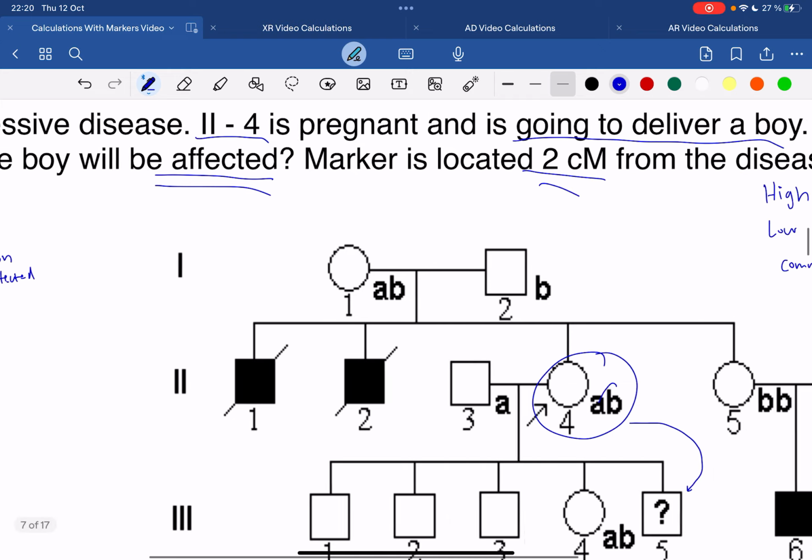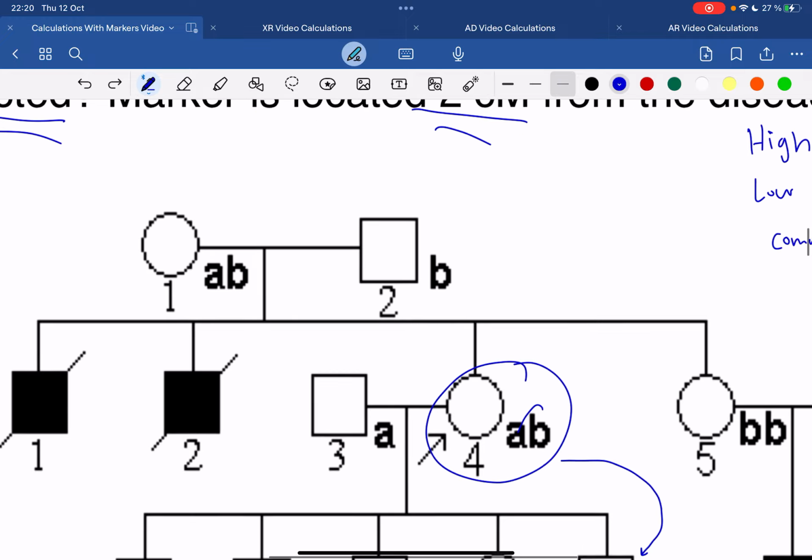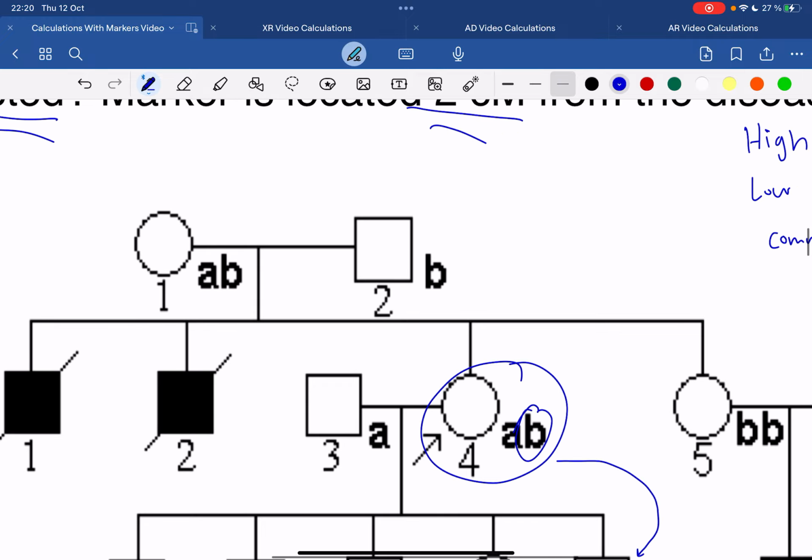So in our case here, what she got from her mom is actually A, which is the carrier here, because the dad, if he was a carrier, he would have been affected. Remember, XR. So she got the A from her mom, and we know that for sure because the dad doesn't have an A. And the B she got for sure from her dad, which means this is the non-patho B.